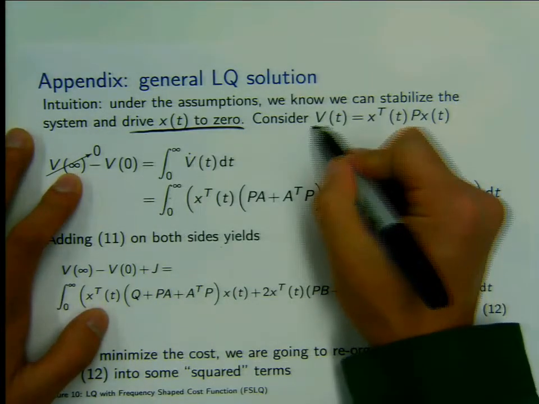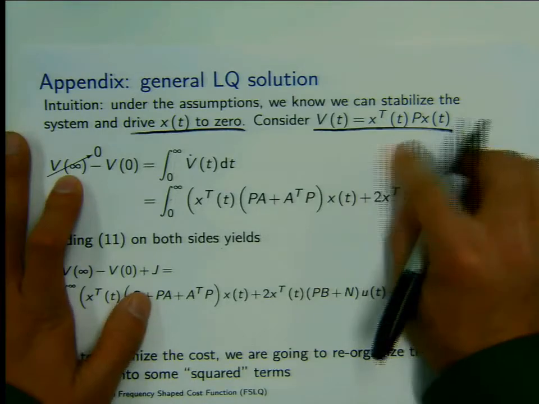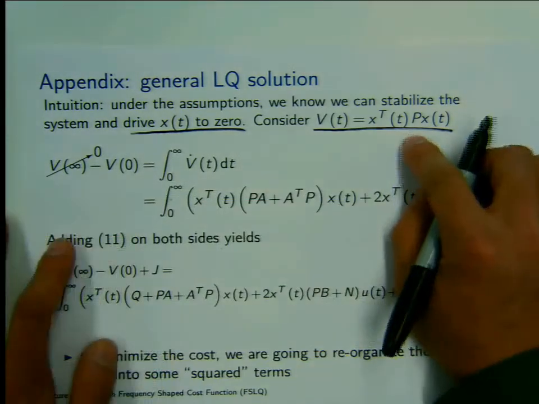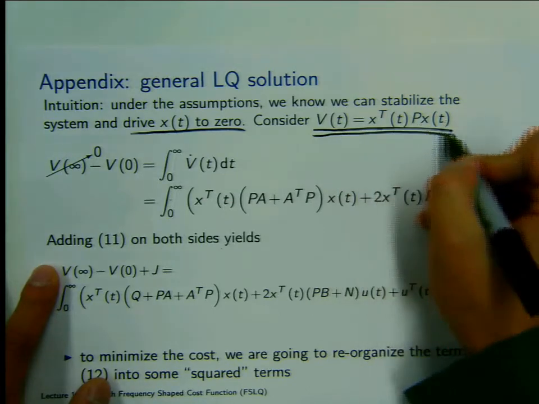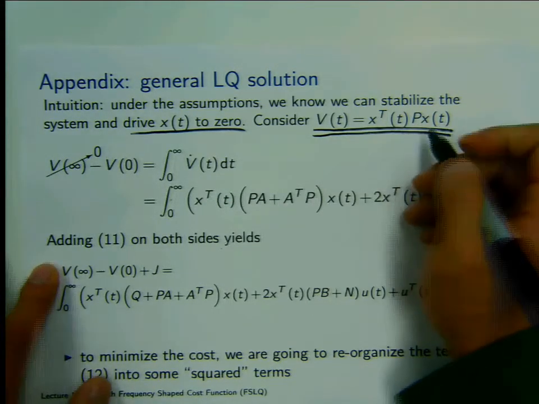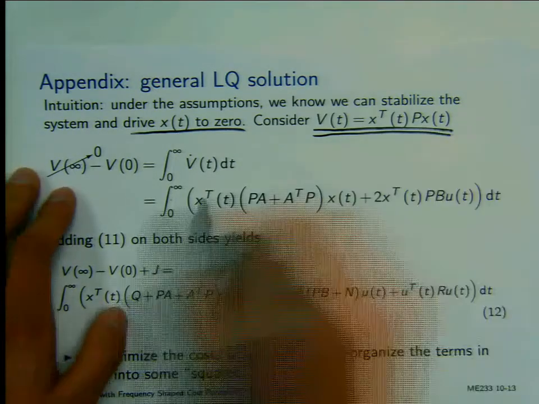Consider this Lyapunov candidate function, which, you might see, has a structure very similar to what you have seen in state feedback control designs. So I'm going to do V equals x transpose t times P times x.